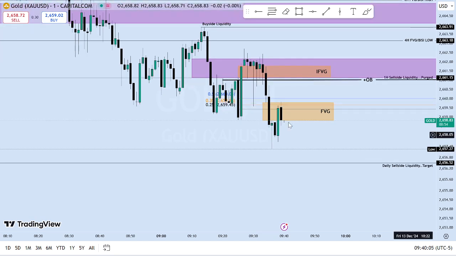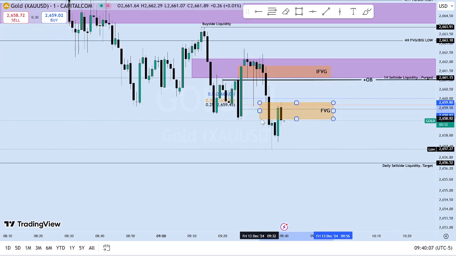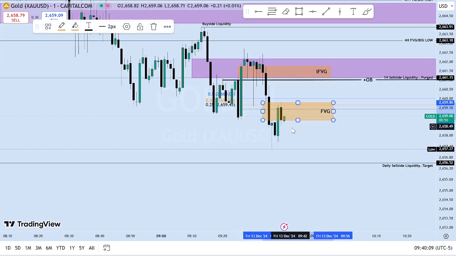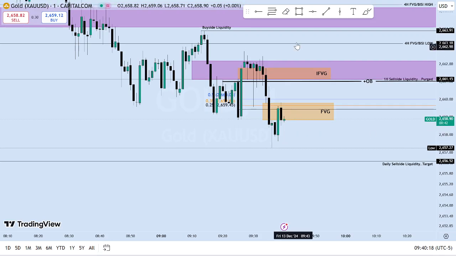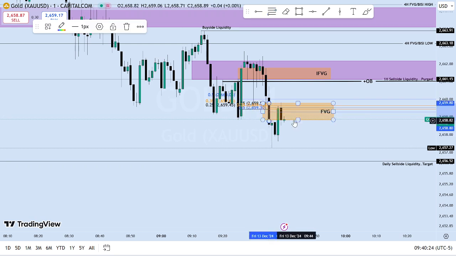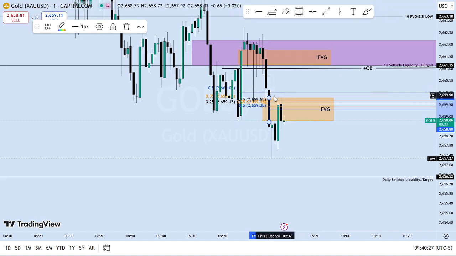Trading outside the high of the fair value gap. Close at the high. The body. And to get a 50%. That's the 50% of this inefficiency here.